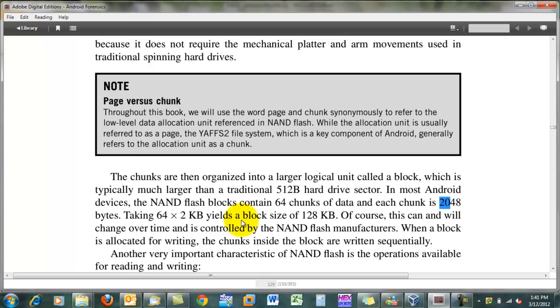In totality, it will be 64 times 2K, where 2K is 2048 bytes, and the block size will be 128K bytes. So this is how you look at the size of the NAND flash drive.